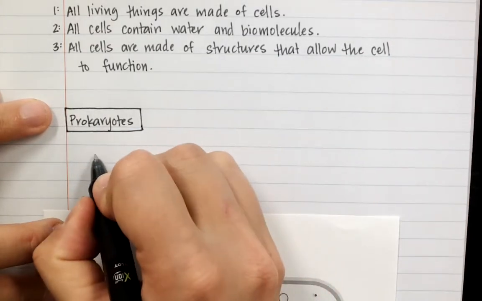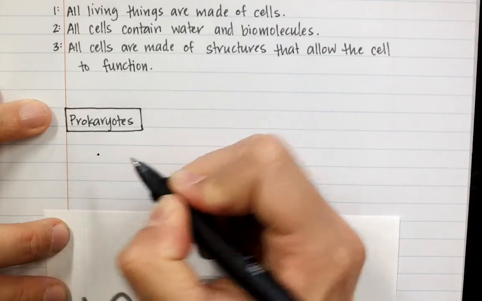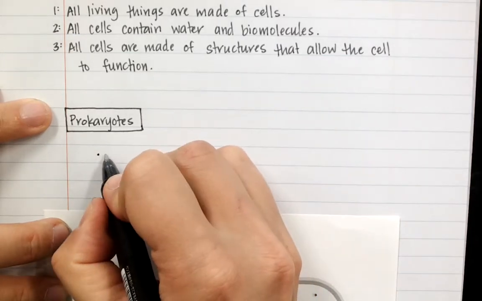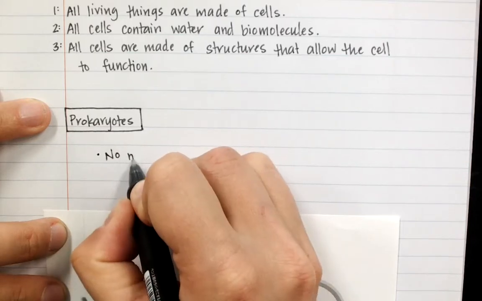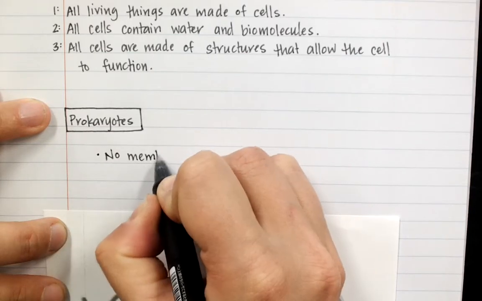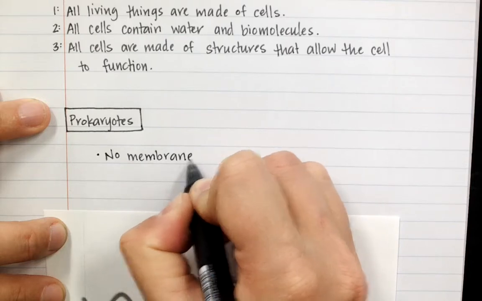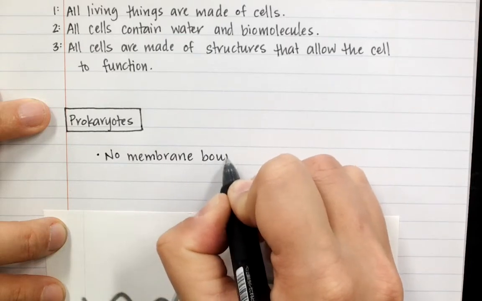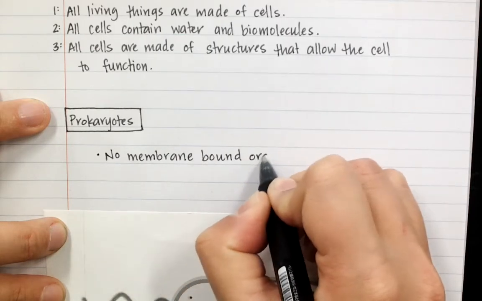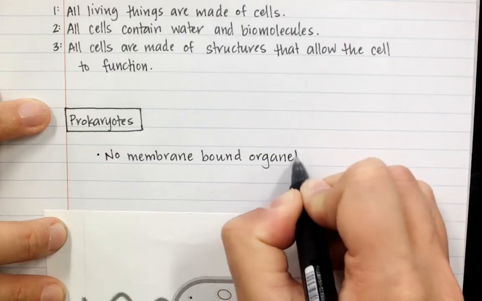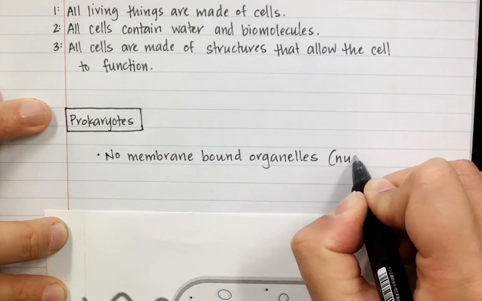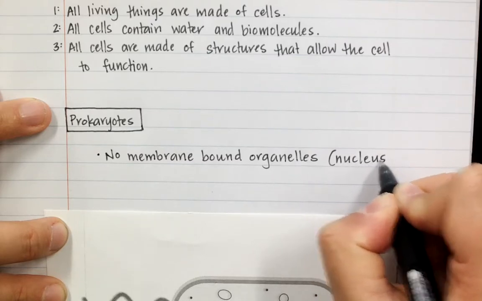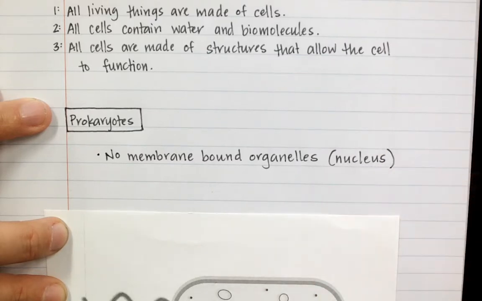But when we say that they're simple, what we mean is that they have no membrane-bound organelles. Specifically, they don't have a nucleus, and the nucleus is the part of our cells that contains the DNA.